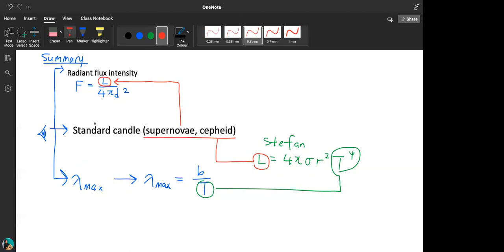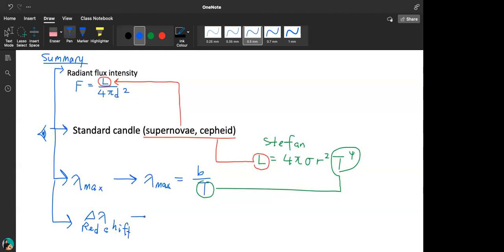Okay, what else? The most recent one we got, we can also see the change in lambda. That is from the Doppler effect. Change in lambda, change in frequency, the redshift, which happens to most galaxies.